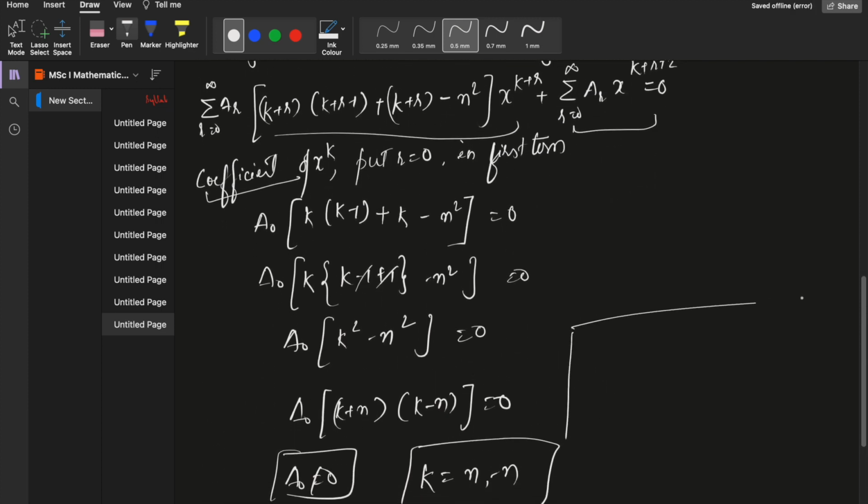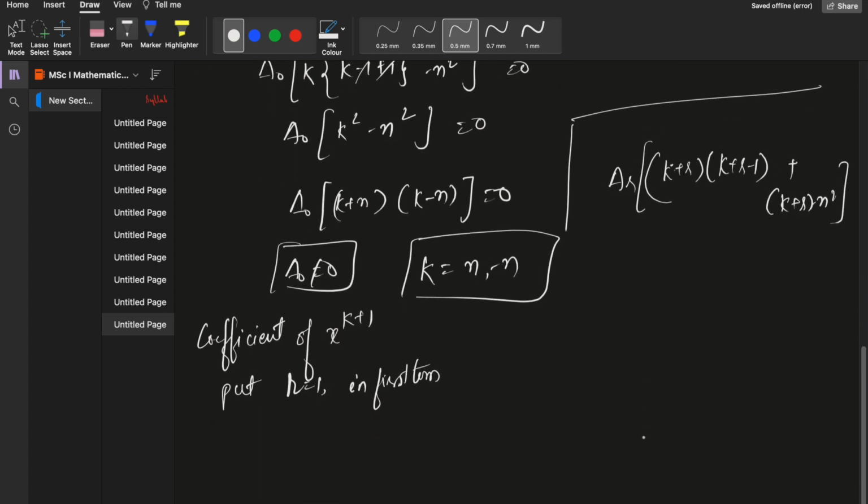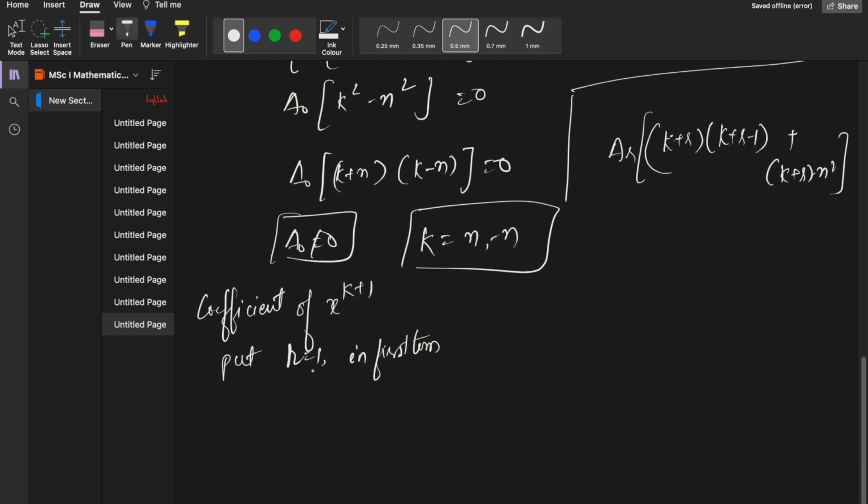Okay, let me write here the first term only. This is a_r (k plus r)(k plus r minus 1) plus (k plus r) minus n square. All right. So put the value of r equals to 1 in the first term.